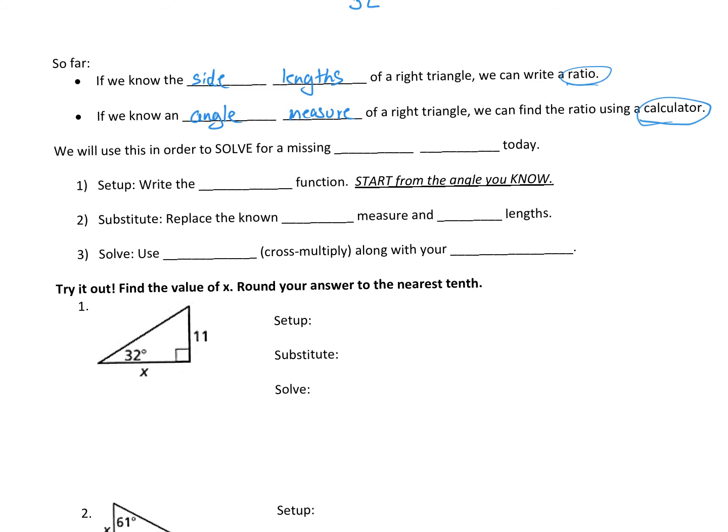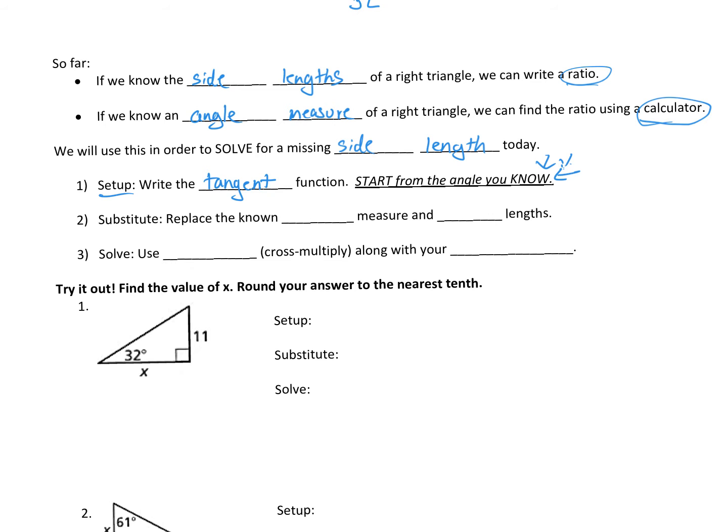We will use this order to solve for a missing side length today. So first what we do is we write the tangent function. We start from the angle you know. This is key. Angle we know.